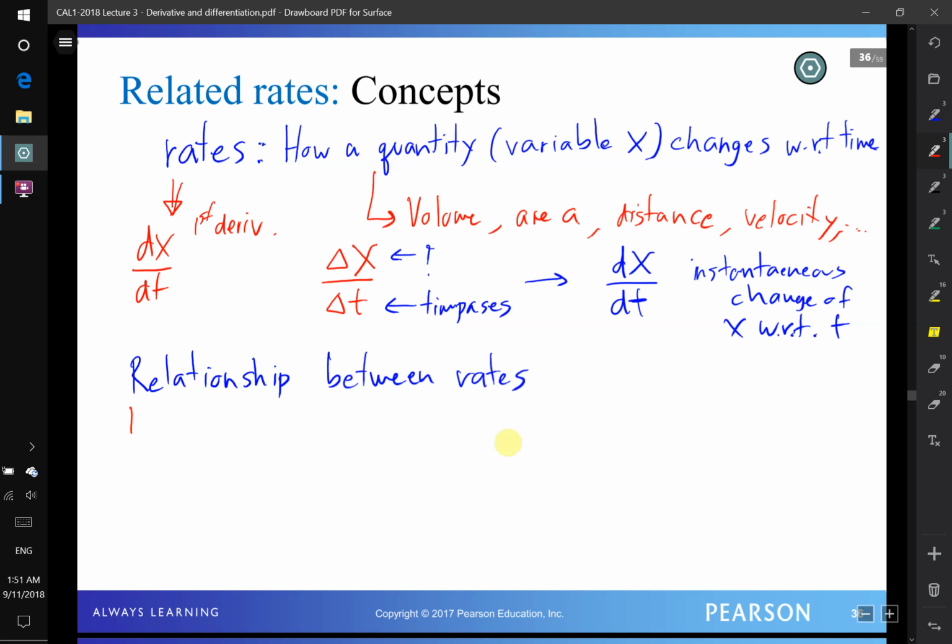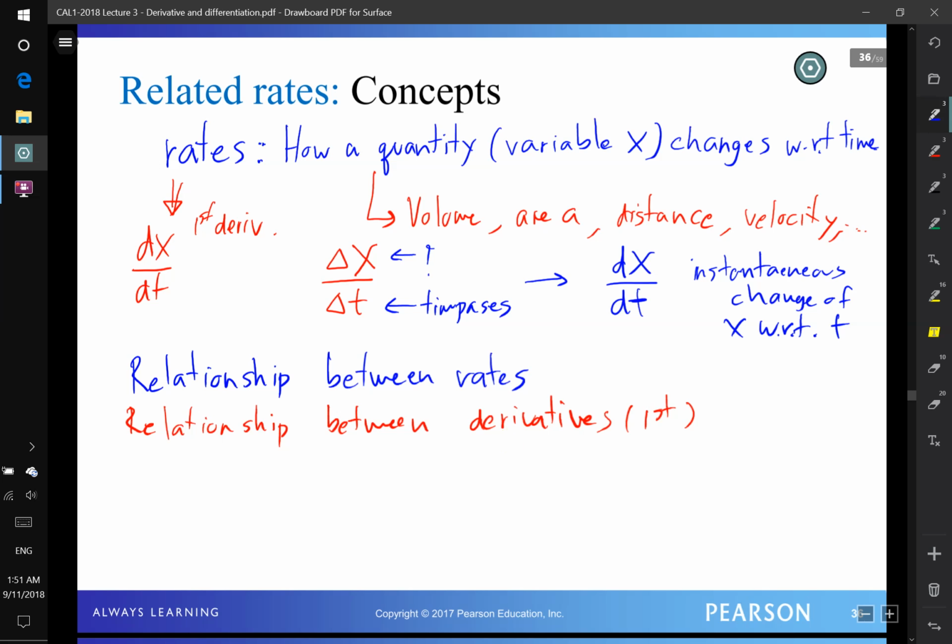So basically, this can be interpreted as relationship between derivatives. And we talk about first order, first derivative, which means that we are going to have many kinds of derivatives in our problems, and we want to find the relationships between them.